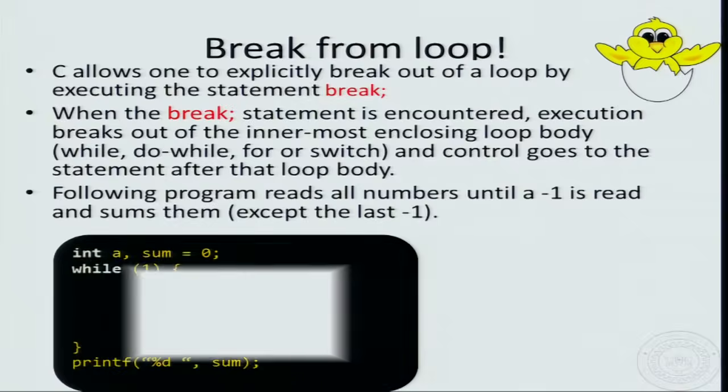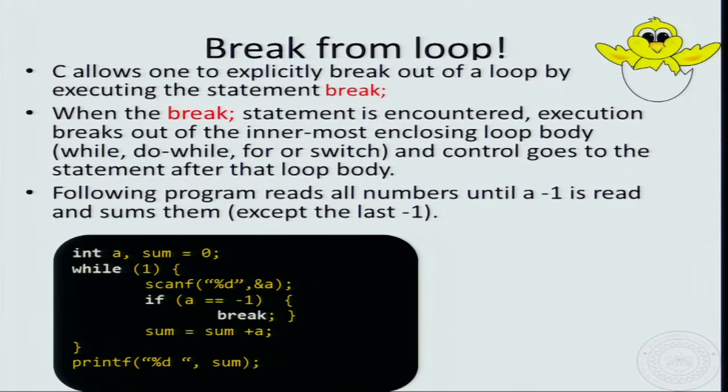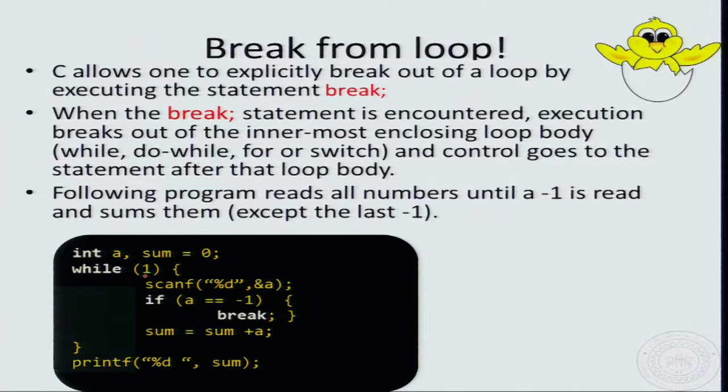So, let us write a very simple program which reads all numbers till -1 is seen and adds them up. -1 is excluded. So, you can write a while loop. We have written this before, where the while loop's test condition was somewhat more sophisticated.